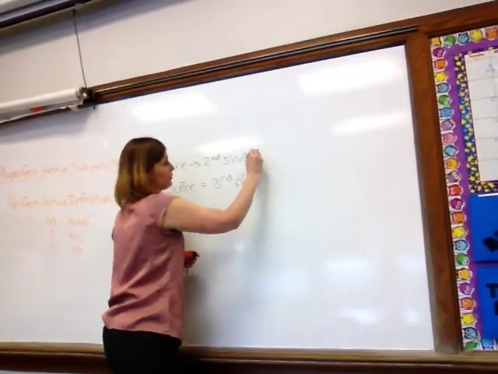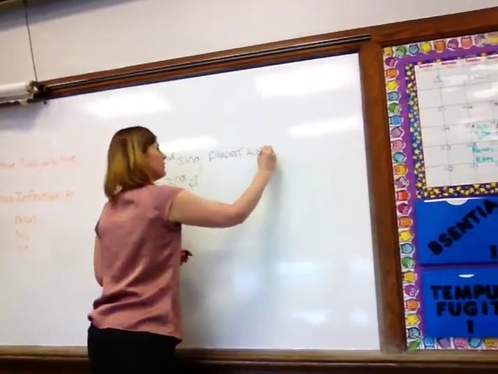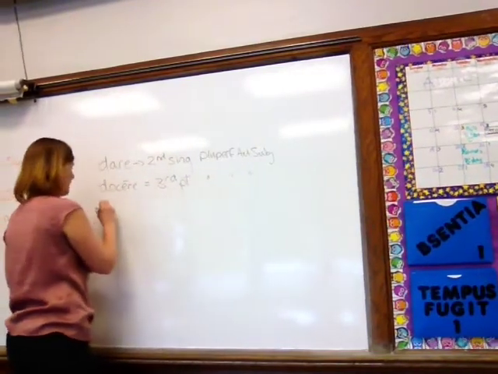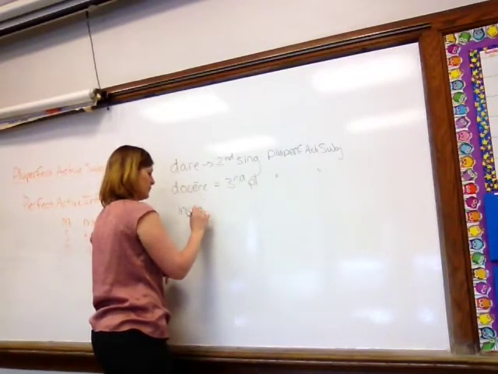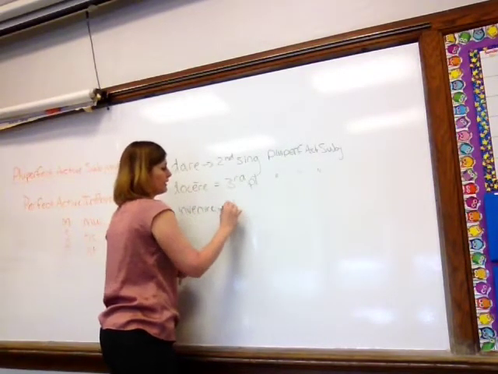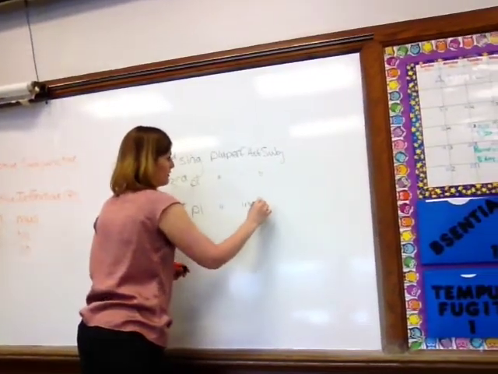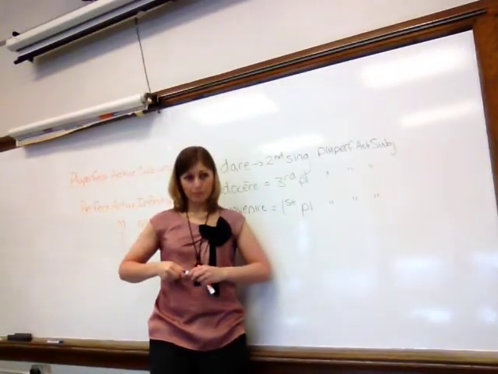These are all pluperfect active subjunctives. And then for invenire, I'd like for you to do first plural, pluperfect active subjunctive. See what you get, and then we'll go over it. Take 2 minutes or so.